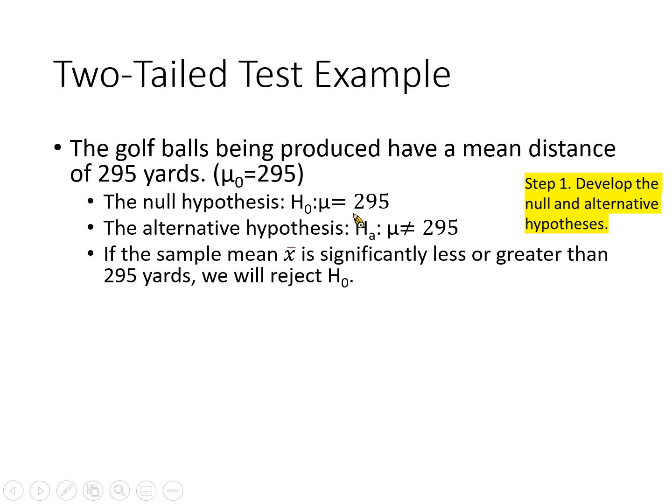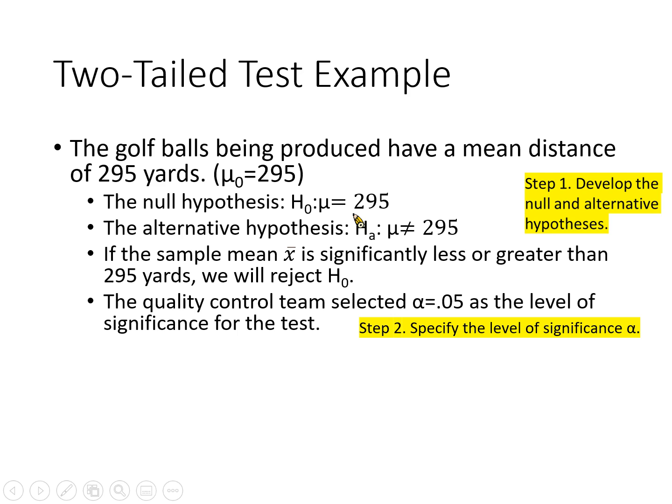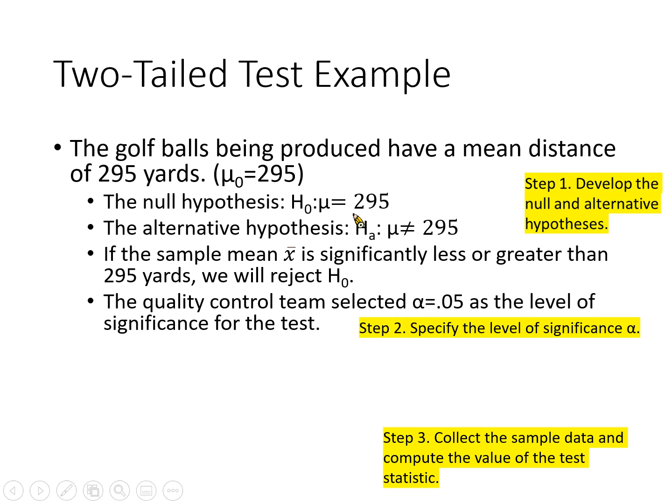The second step for the hypothesis test is to specify the level of significance alpha. Here, the quality control team from your textbook selected alpha of 0.05 as the level of significance for the test.